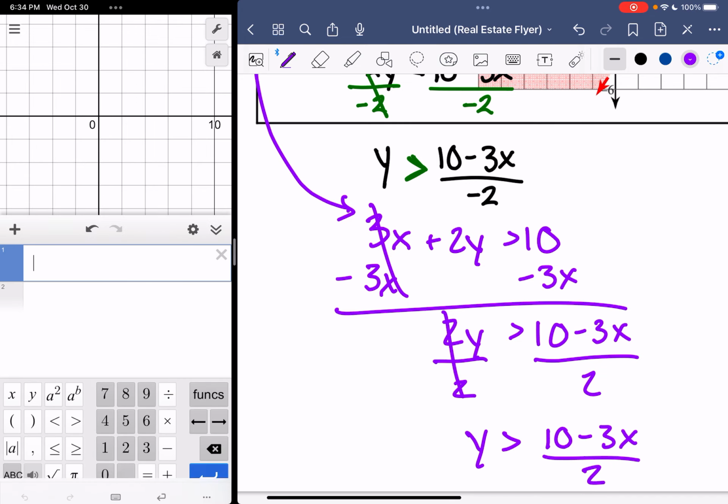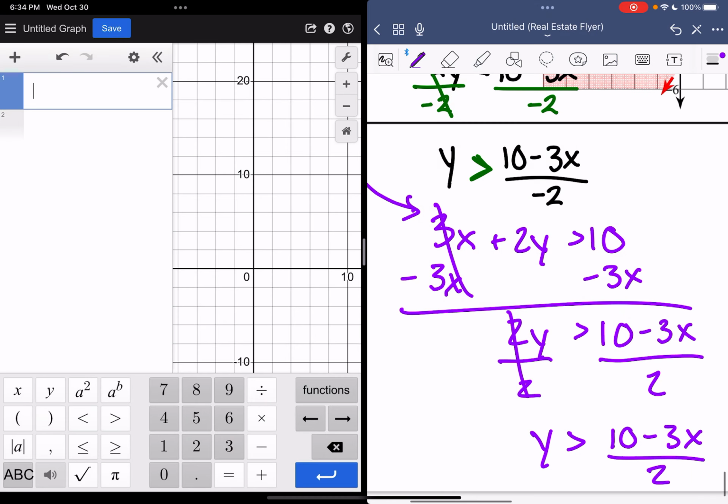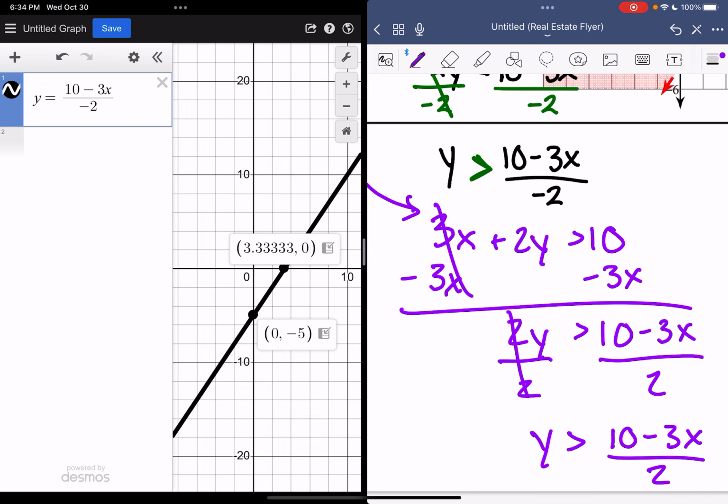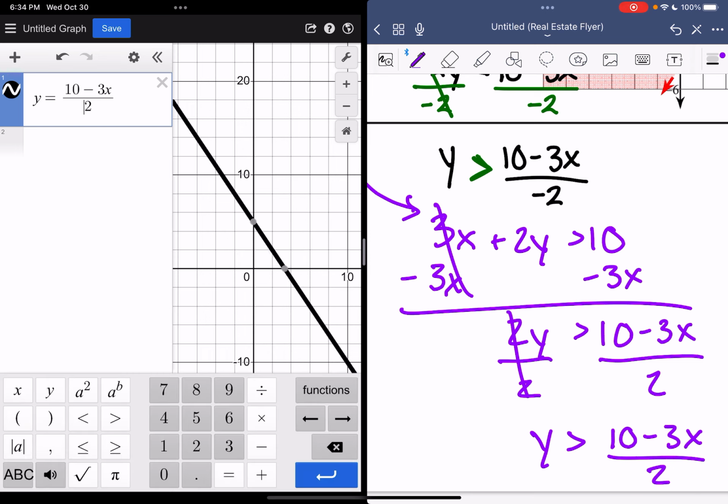And if I were to put this equation right in here, I would have y equals 10 minus 3x over, oh, over a positive 2.